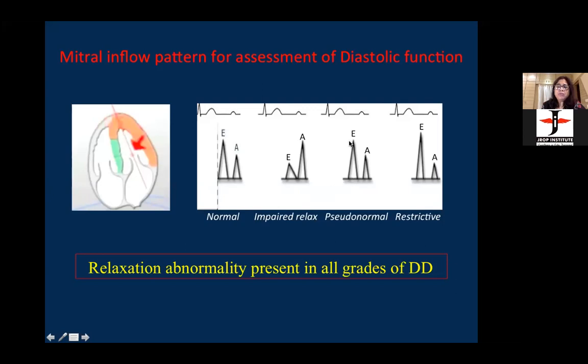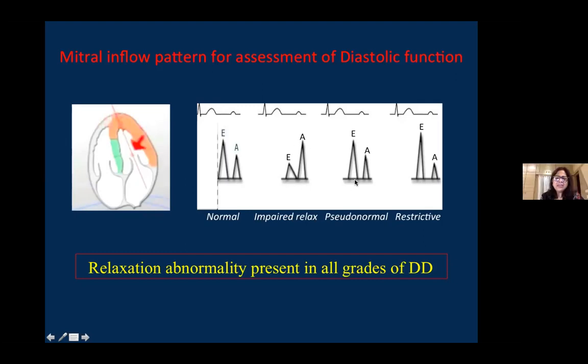So more amount of blood flows during early rapid filling phase, and A is small. So on top of impaired relaxation, because of the increased LA pressure to a moderate extent, we are getting a pattern where E wave is more than A. So this pattern is masking this impaired relaxation.